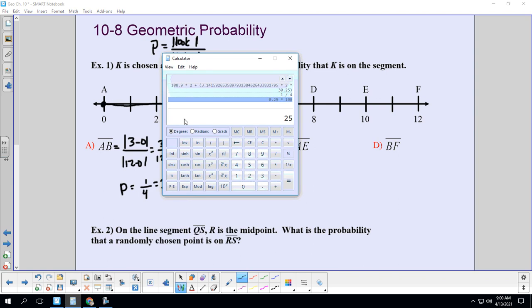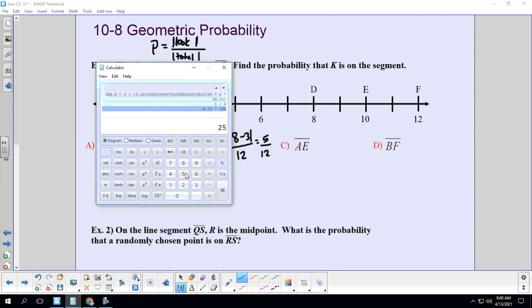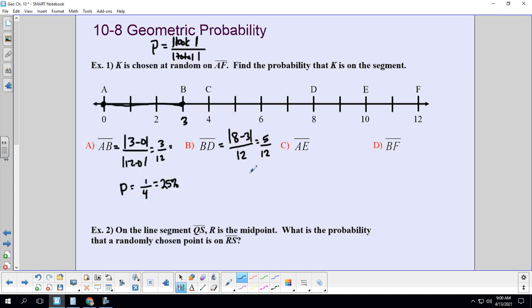And then we throw our calculator up and we go, 5 divided by 12 times 100. So it is 42%. So the probability is 5/12, or 42%, that our K is going to be between B and D.